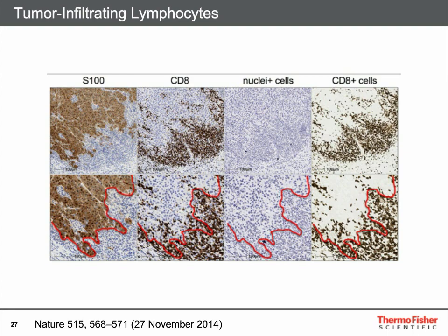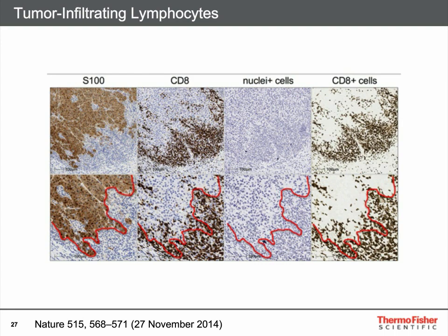In the second column, we see CD8 positive cells, which have recognized that a tumor is present and are attempting to invade and kill it, but they are blocked by checkpoint blockade signals on these cells, either the expression of PD-L1 or other similar antigens. And so what we see is a marked absence of tumor-infiltrating lymphocytes within the tumor, while meanwhile they're gathered around the tumor, poised and ready to attack.